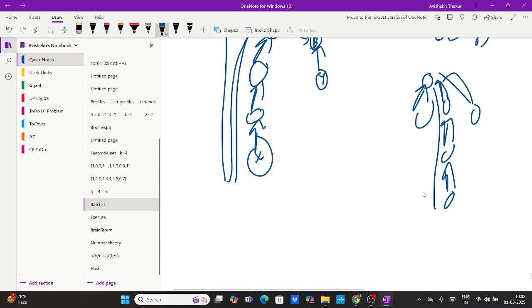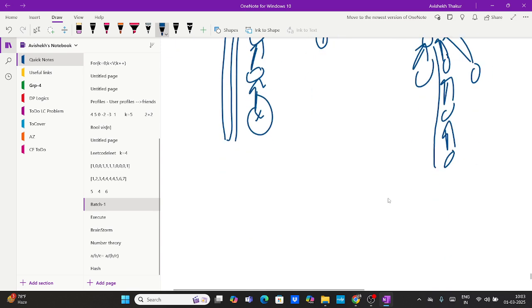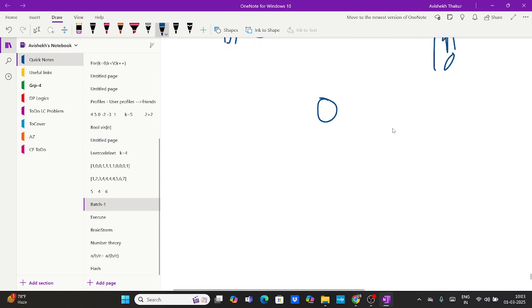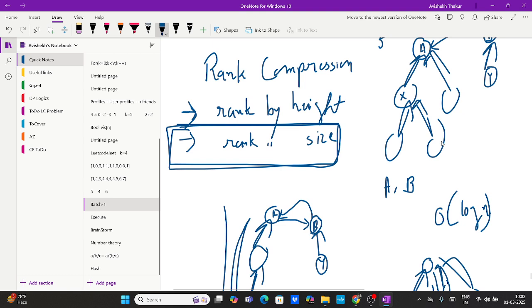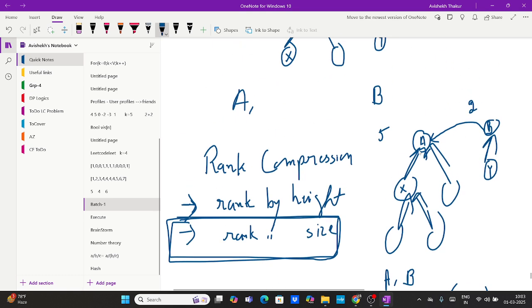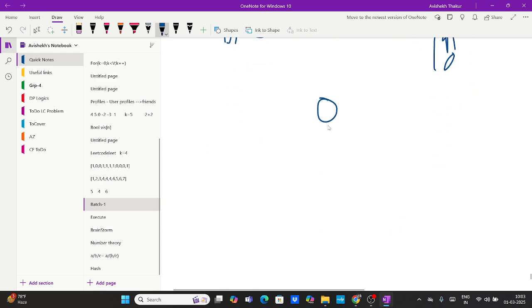Did you guys get it or not? What I'm saying is this is theoretical research. Whenever you connect a smaller height to a larger height, the maximum length of the tree can only be log n.